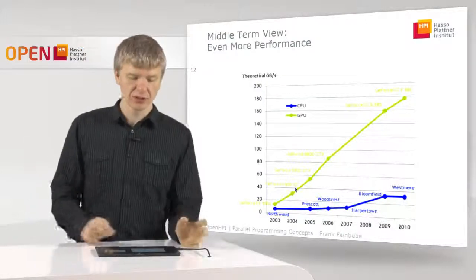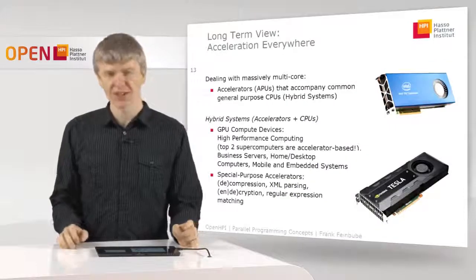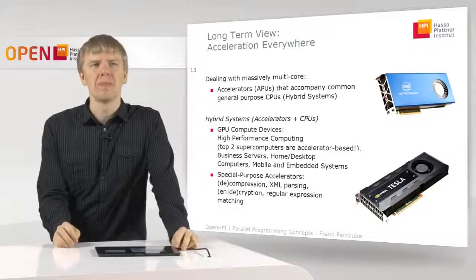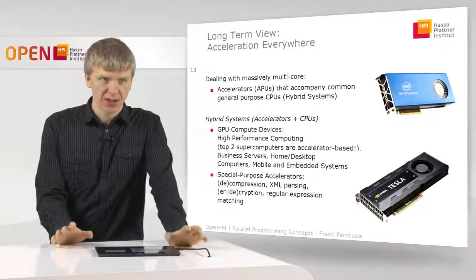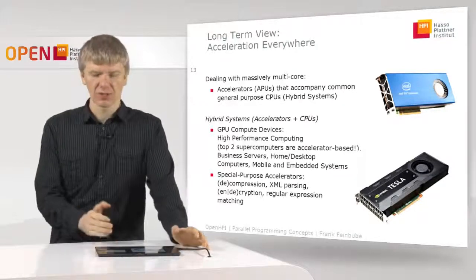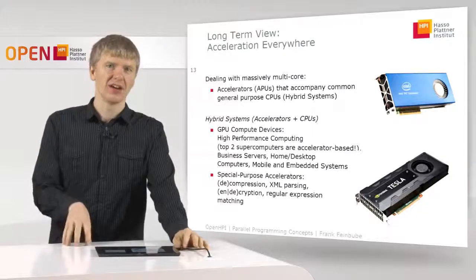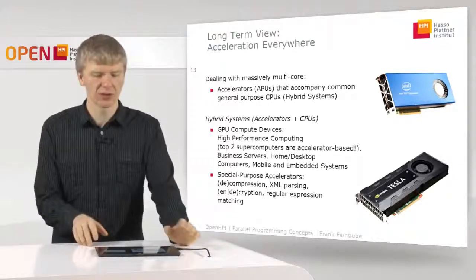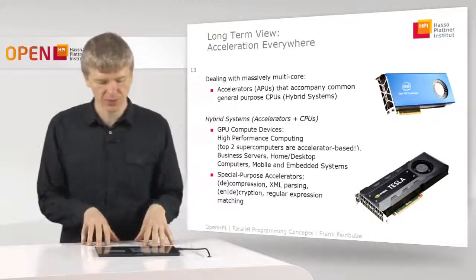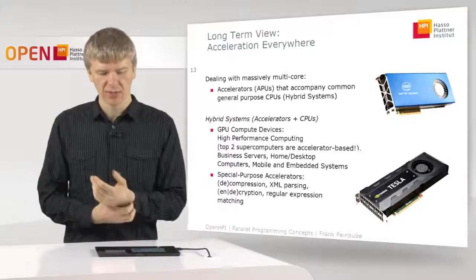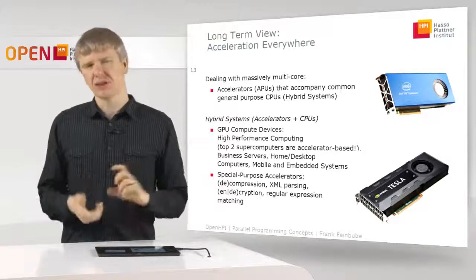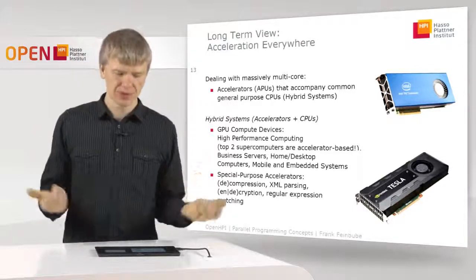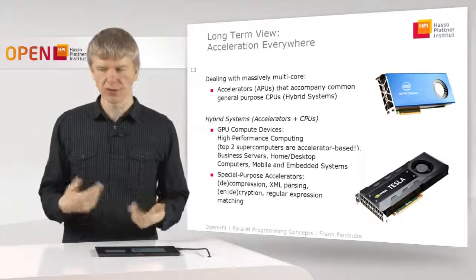Okay, so this is the middle-term view, and in the long-term view, there's no way to get around this really, because accelerators are everywhere today, but they will become increasingly important because they are a way to get around those walls. We've seen all those walls, and GPUs and accelerators have a special field that they are pretty good in, like those pixel rendering tasks.